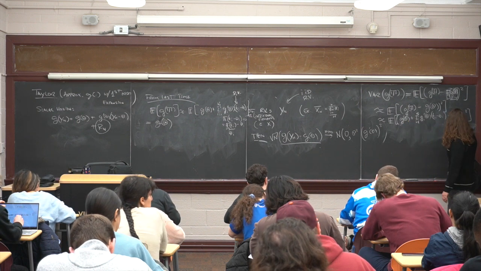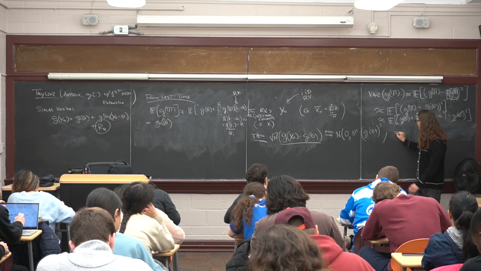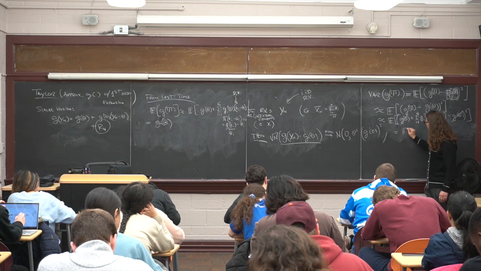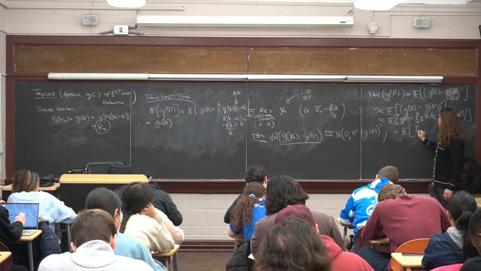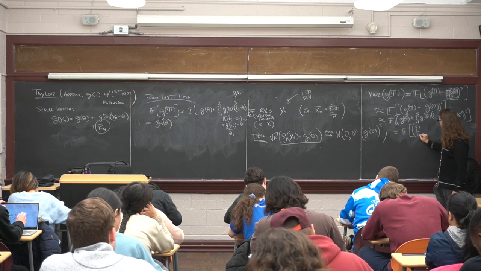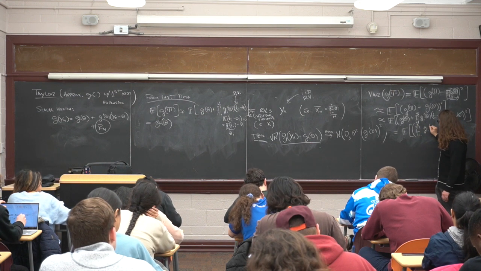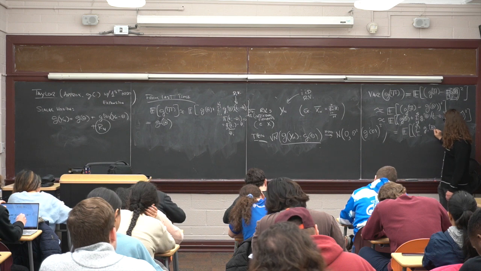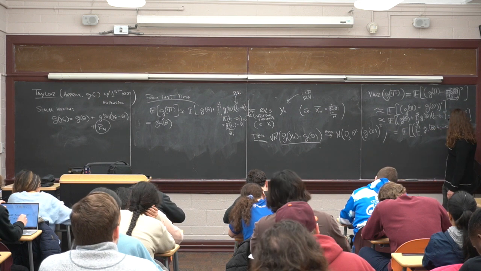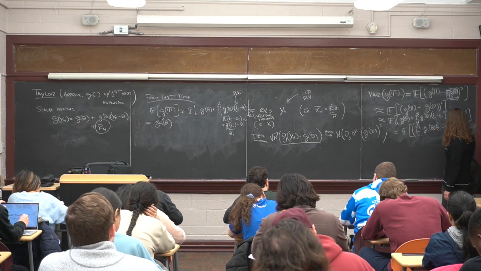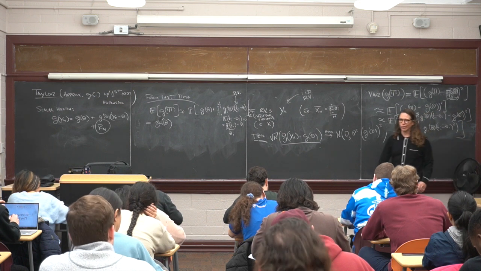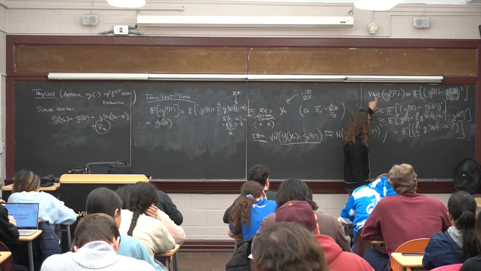Some cancellation. This is equal to the expectation of the sum, squared, I goes from 1 to cap K, of Gi prime theta, Ti minus theta I, squared. I think this is what the book does. They say, boom, boom.